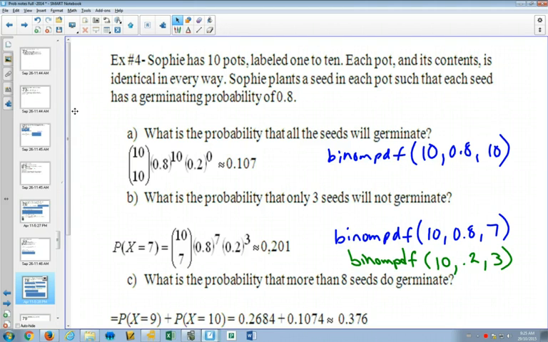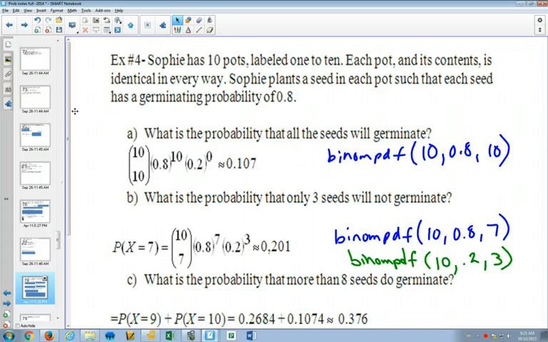10 pots, and then they tell you the probability of each thing individually. And there's a probability of success and a probability of failure. So to be able to recognize those things and then say to yourself, oh, this is a binomial distribution, okay, then you can go either to your formula or to your calculator. Now your calculator is easier if you know how to use it, but if you forget where the buttons are, that's not going to be very helpful on a test.